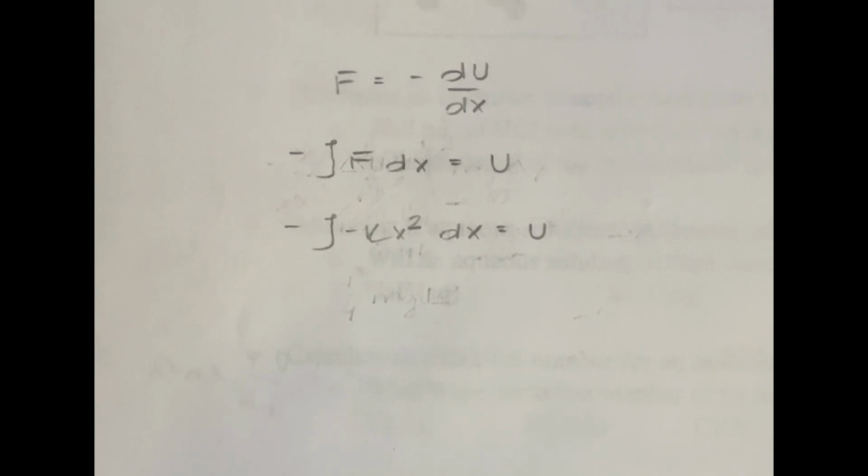Next we can solve the integral. Since the negative k is basically just a constant, we can take that out of the integral, and the two negatives will cancel, so we'll just have k multiplied by the integral of x squared with respect to x.